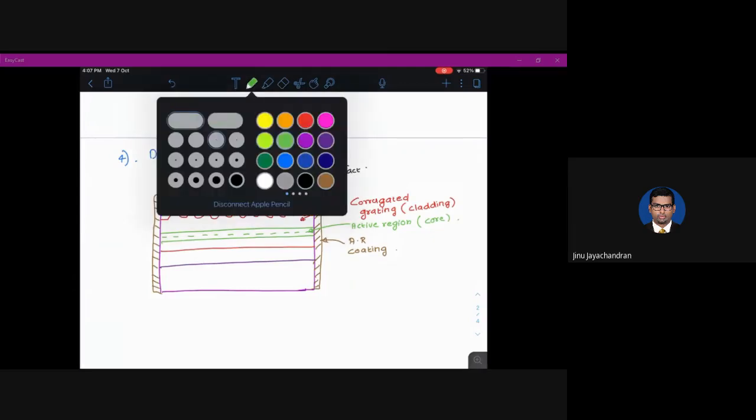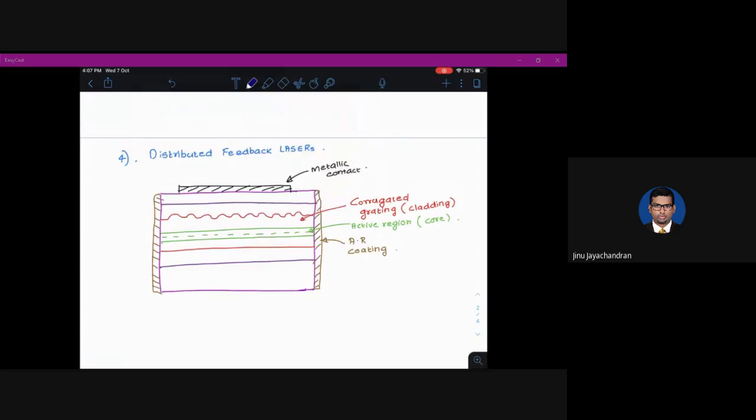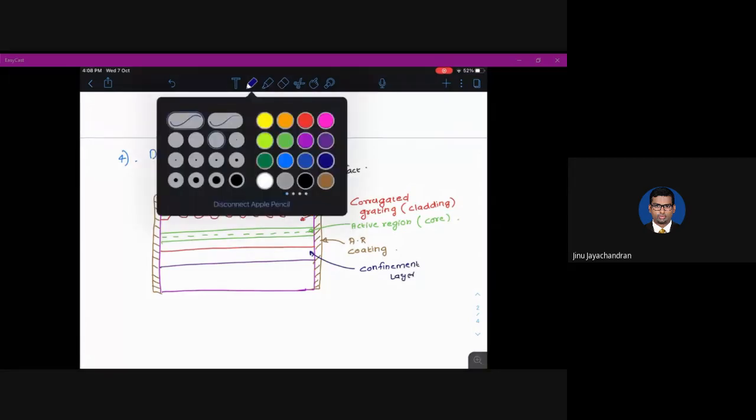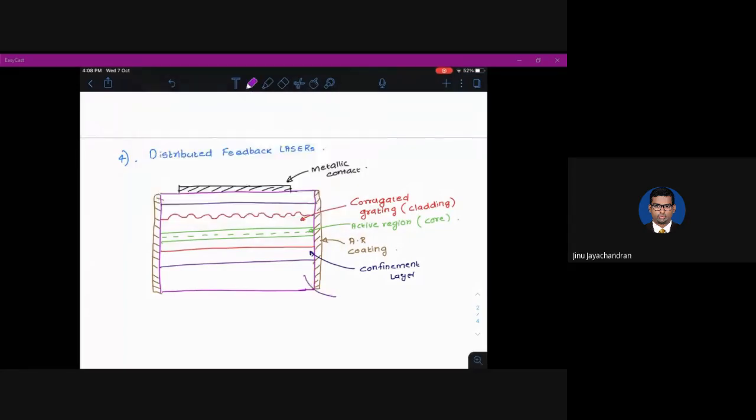Okay, and then you have the confinement layer. At last, you have the substrate.